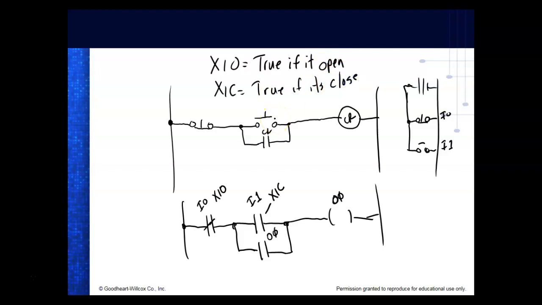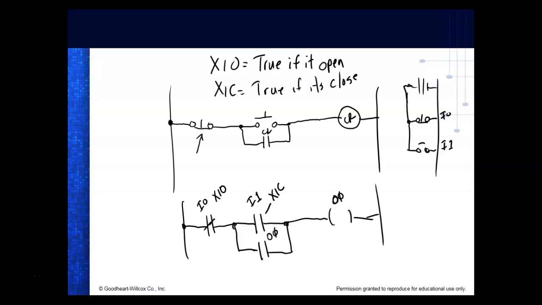So I come in here and I do that symbol. Right, so this right here is a normally closed contact, and I'm telling it down here it's true if it's open. What's the problem? This needs to be true if it's closed, right? You understand? Everybody understand that?